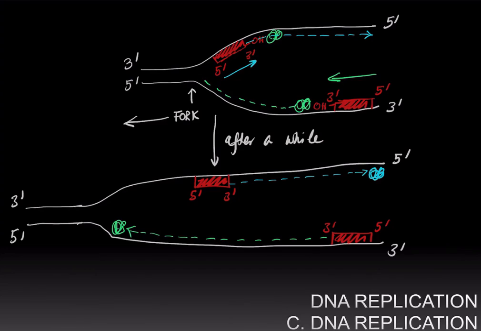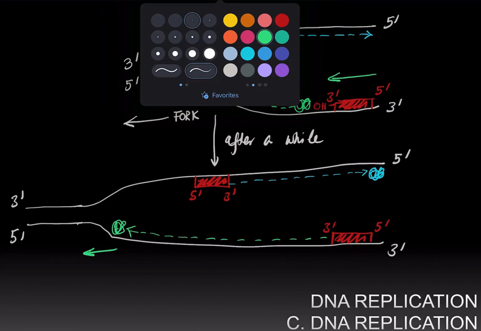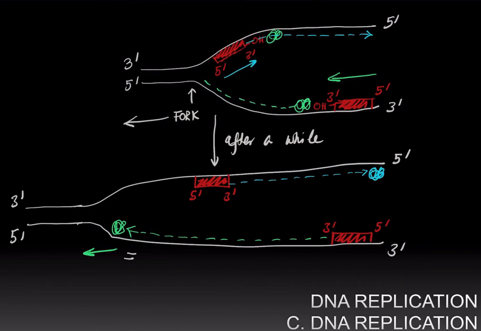Now, for the strand that's being synthesized on the bottom, the direction of movement of the polymerase is the same as the direction of movement of the fork. The fork is moving to the left, so is the polymerase.